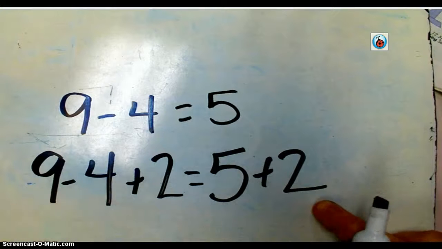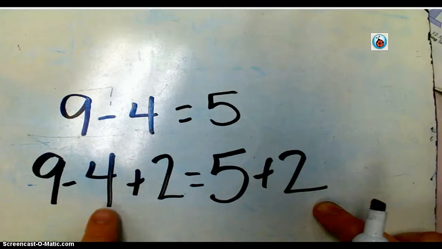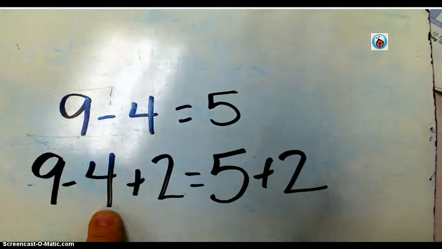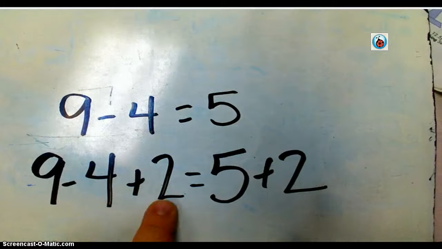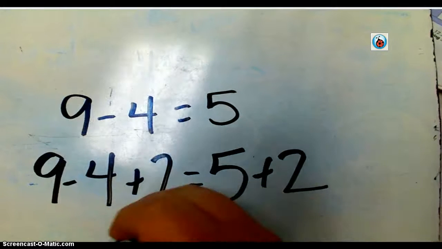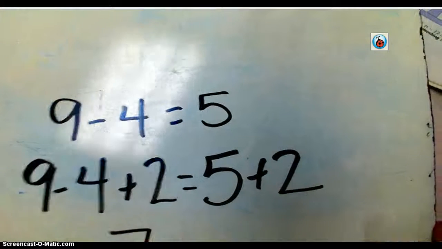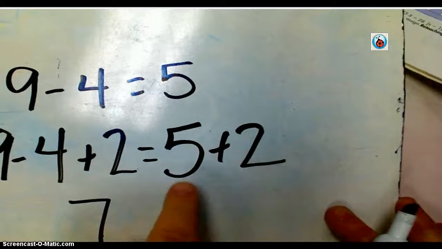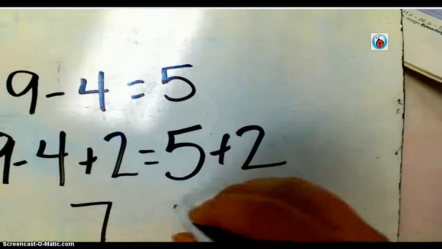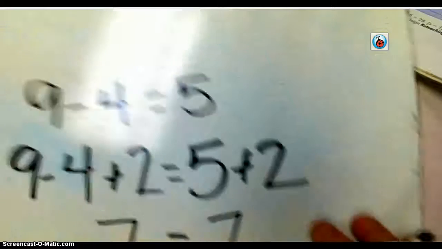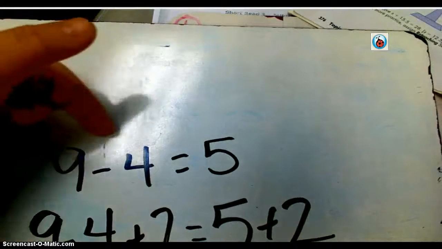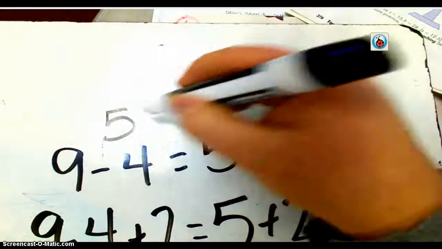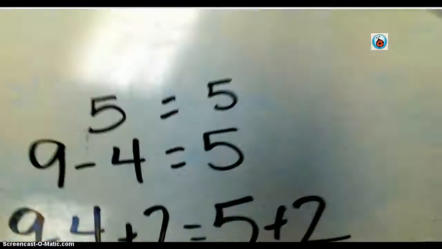Because order of operation tells me I can take 9 minus 4 and get 5. 5 plus 2 is 7. So this side of the equal sign is equal to 7. This side over here better be equal to 7 also. 5 plus 2? 7. Okay?